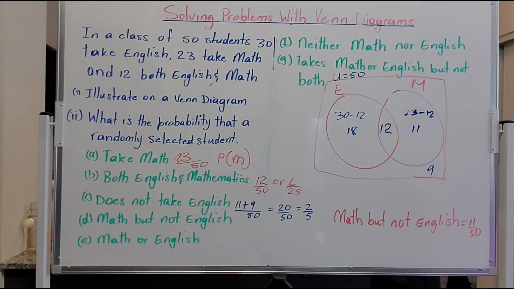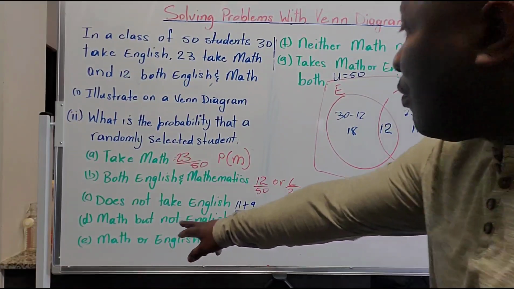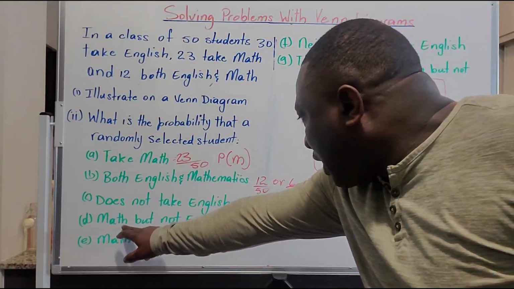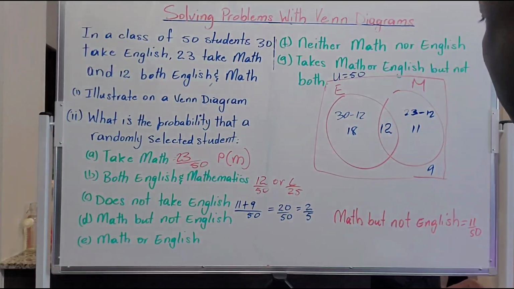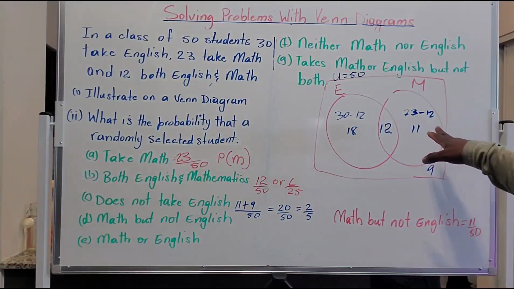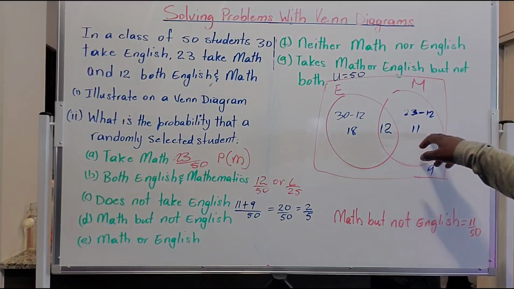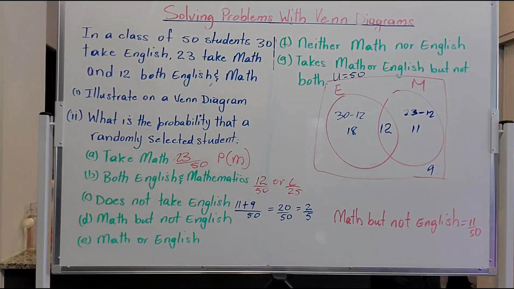So 11 out of 50 math but not English. The next one, we are looking at the probability math but not English. So they are doing math but they are not doing English. Look carefully. They are doing math but they are not doing English. That's the one we just did.